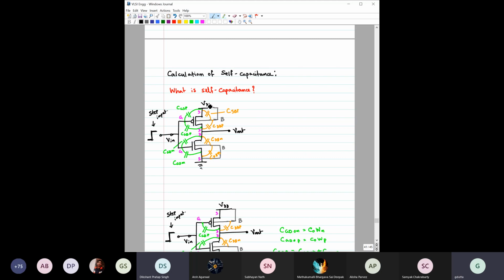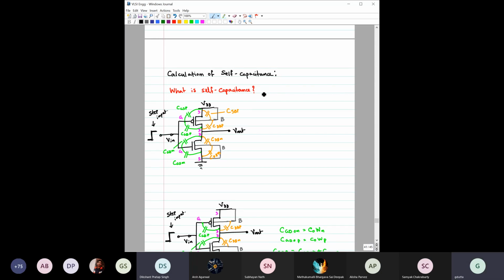If you consider this inverter, we have not connected any load so far with this V out. Now we have to see what capacitances are connected with this V out terminal. That means this first stage inverter is only loading itself, right? Some capacitive load is coming because of this driver inverter only.